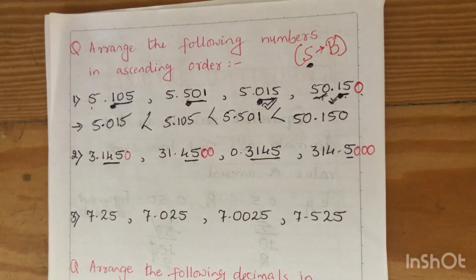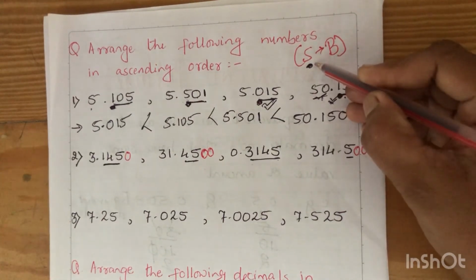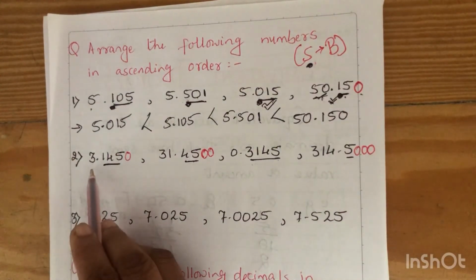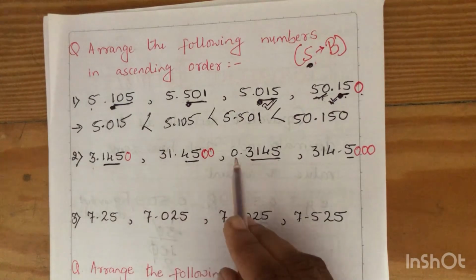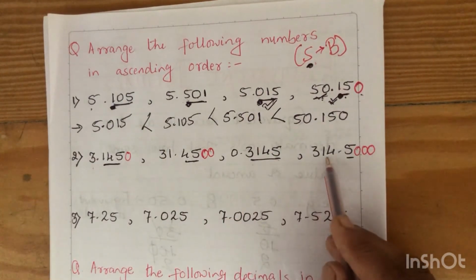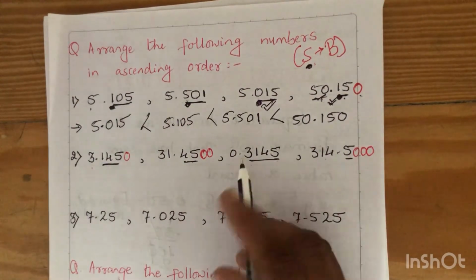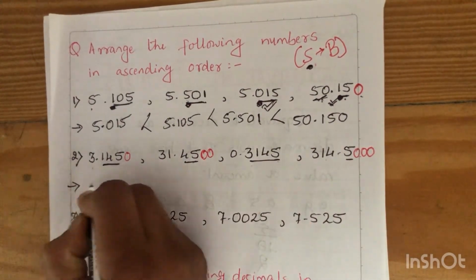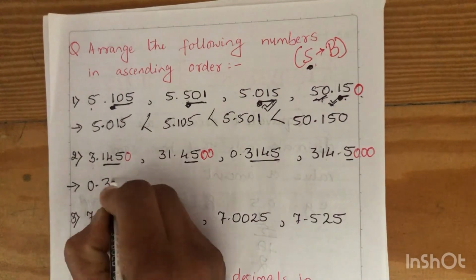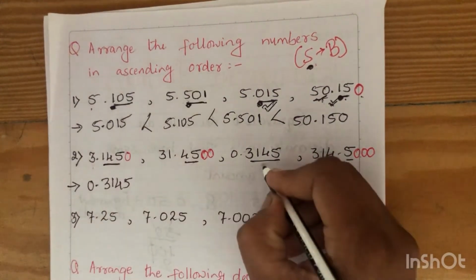Fine. Now I will find out which is the smallest one. So here this is 3, this is 31, this is 0 and this is 314, the integral part. So which is the smallest one? That is 0 point. So here the first number 0.3145. This is over.